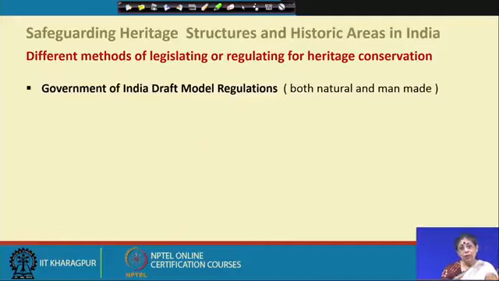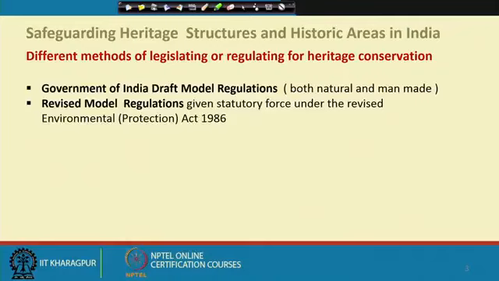After that, Punjab, within the provision of town planning, played a very important role, and based on that a draft model regulation has been prepared for overall India at the national level, for both natural and man-made heritage. Now, the revised model regulation was given statutory force under the Environmental Protection Act of 1986, which specially takes care of the natural heritage, and there has been a model heritage bill.